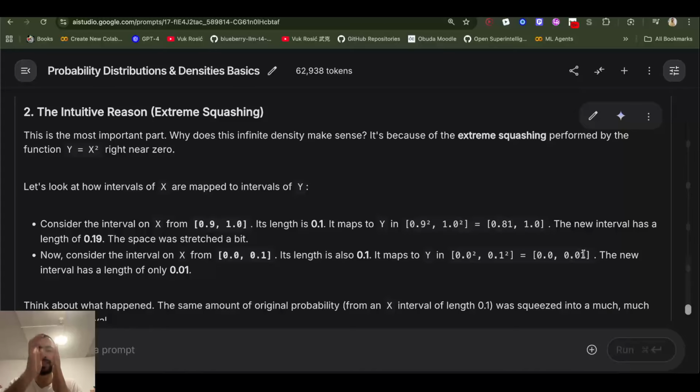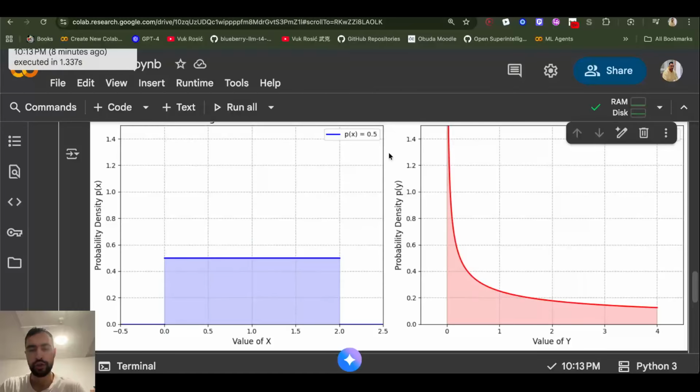Due to our function, the small numbers here will get pulled closer to 0, so the probability here will go up so the area remains the same, and numbers that are larger than 1 will now get stretched away from 0, so in order for the area to remain equal, it needs to have less probability, less height here.